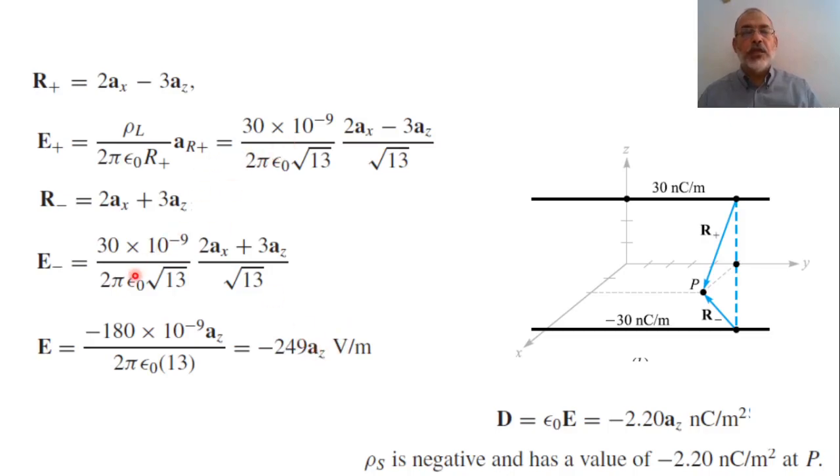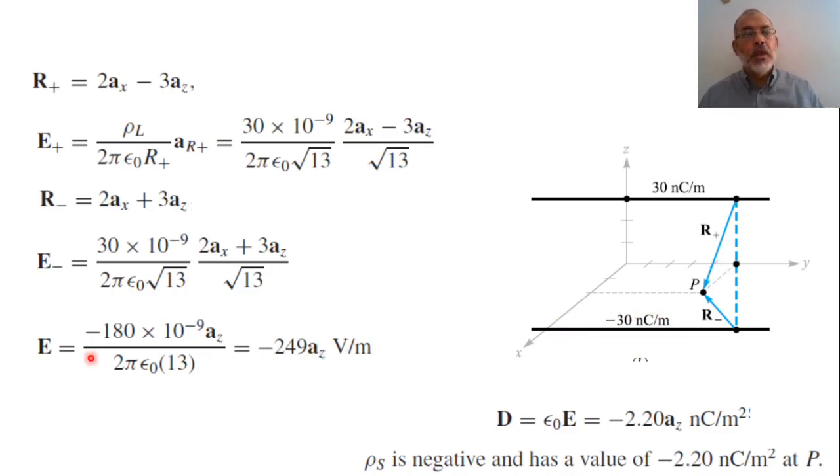So effectively it is the double of this value in the z direction. 3 multiplied by 30 is 90. 90 multiplied by 2 is 180, and it is with negative sign. So it is minus 180 multiplied by 10 to the power minus 9 in z direction over 2 pi epsilon naught square root 13 by square root 13. So this is the electric field. Only I have missed a negative sign here because the charge here is negative 30 nanocoulomb, not 30 nanocoulomb.